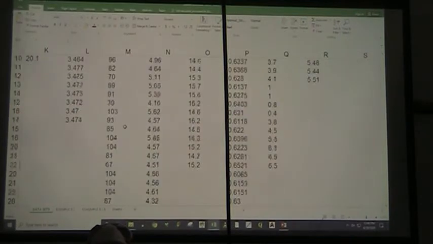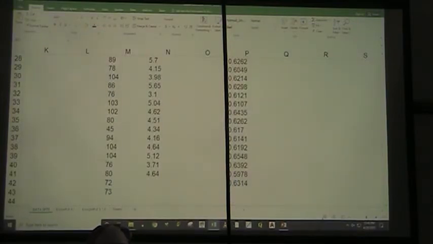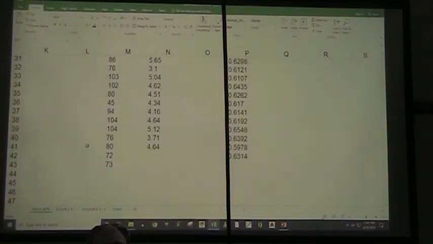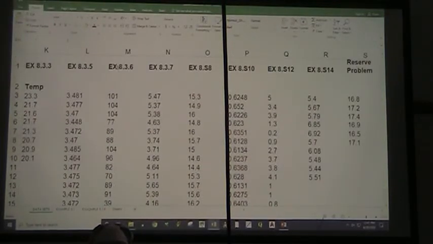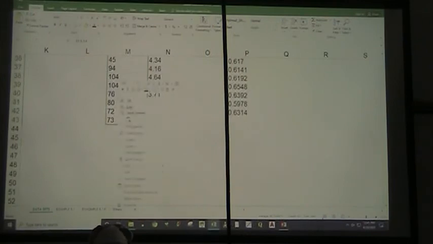All right, so I'm looking at these problems and I'm saying, who has more than 40 sample size? Okay, so that looks like it's this one, and this one. All right, so let's take the first of these. Copy.